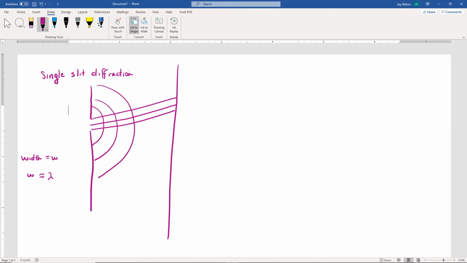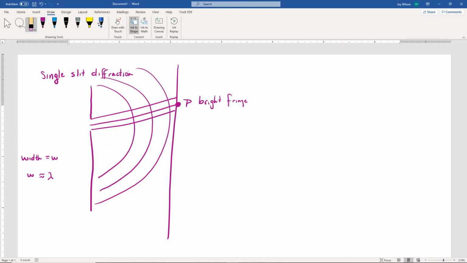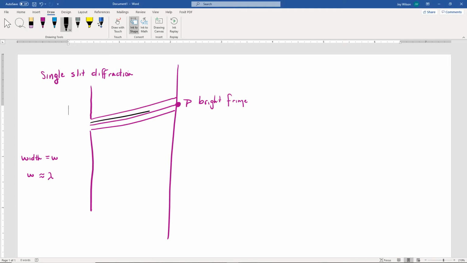radiating out. And so what we're looking at with this is, let's imagine for ourselves right here that point P is a bright fringe. If point P is a bright fringe, what I'm really saying is that, let's erase these cute little wave fronts, when waves get to this location, from wherever they come from and whatever angle they come in at that moment in time, we have constructive interference.